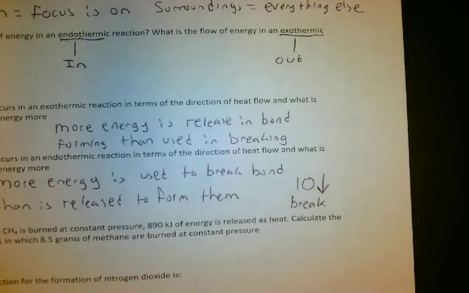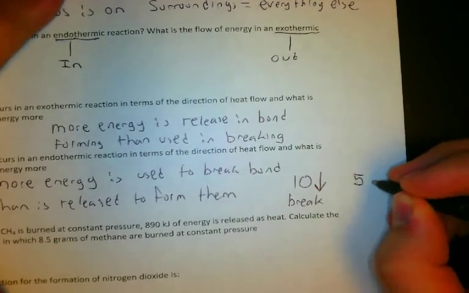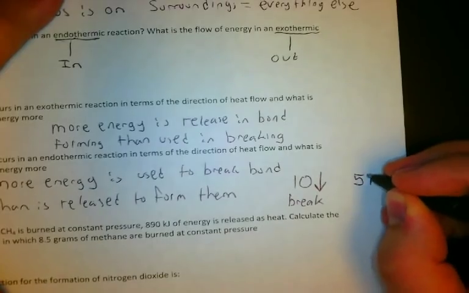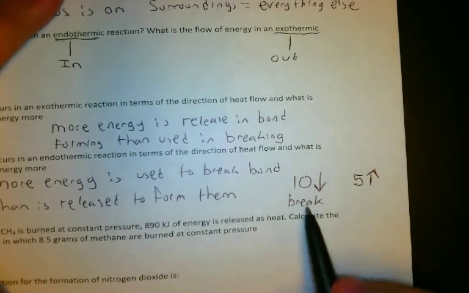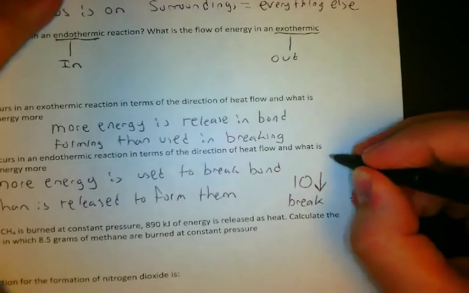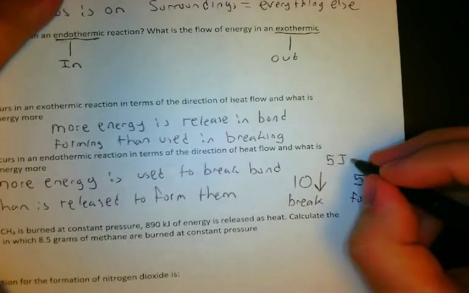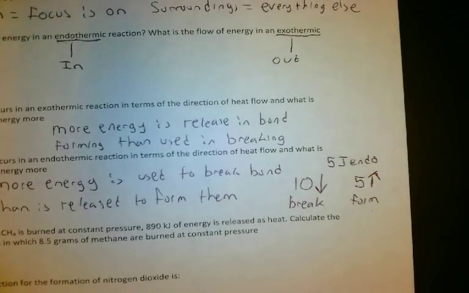If, when I make new bonds, 5 joules of energy are formed going out, we took more energy in to break them than we did form them. In fact, we took 5 more. So this would be 5 joules for our example here, endothermic, because more went in. So if you can think of it in those terms, it's a good way to understand endo and exothermic.